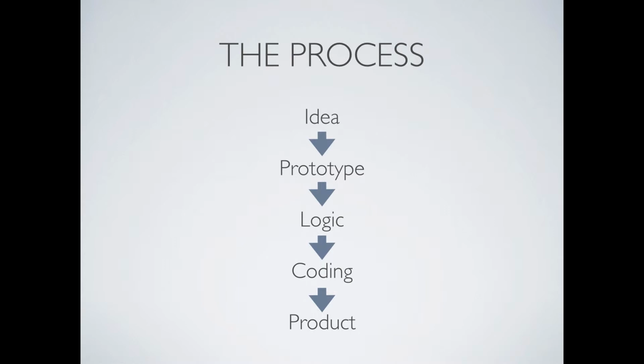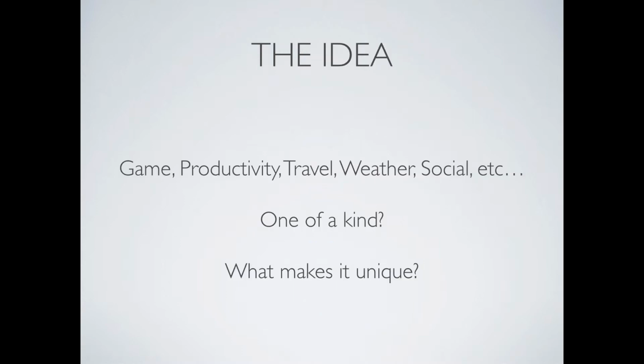We'll talk about these more in depth, but the process follows this general flow, going from an idea to a prototype to the logic to coding, and then to the finished product. And so the first part of that process is having an idea. And when you do get an idea for an app, it helps to fit it into a genre first.